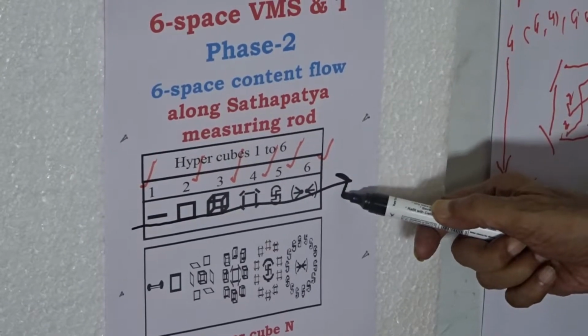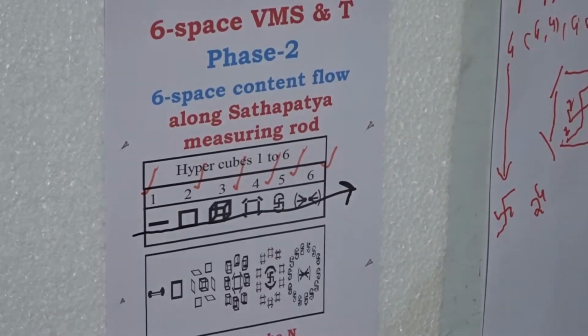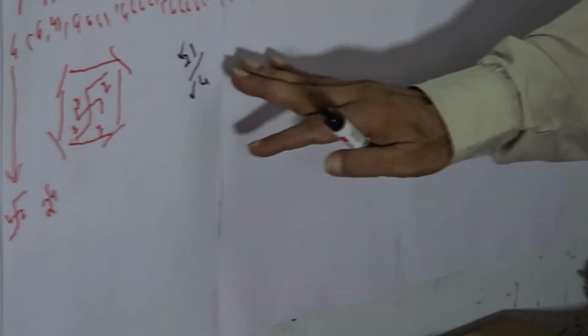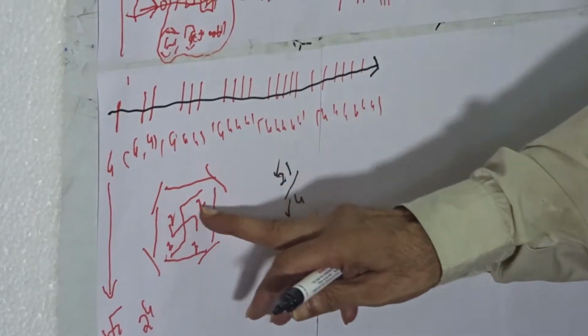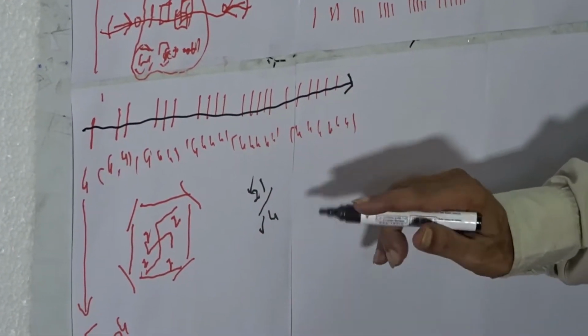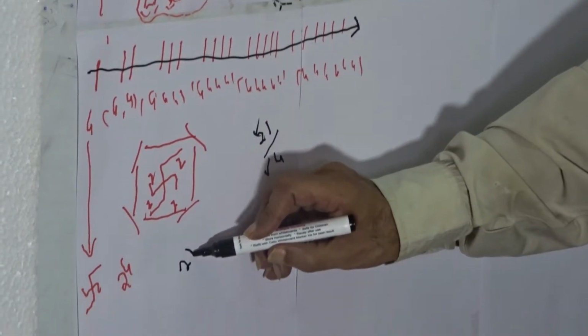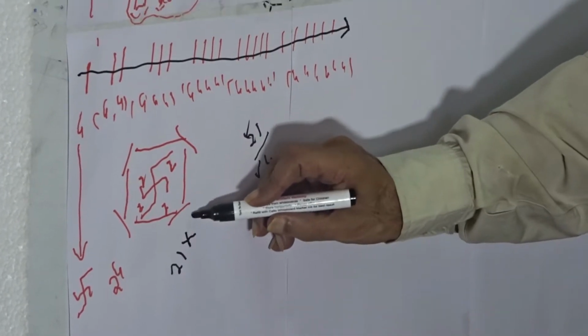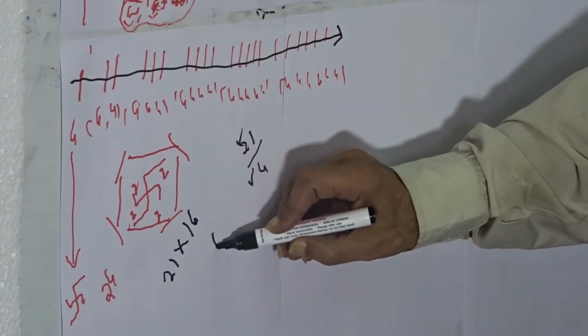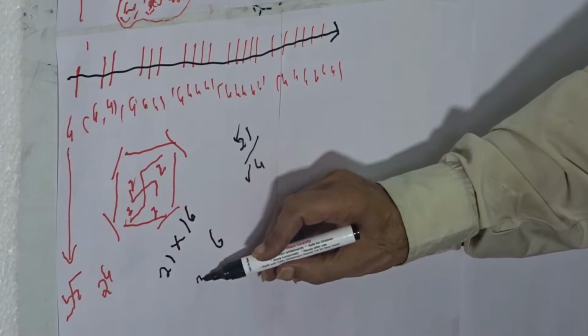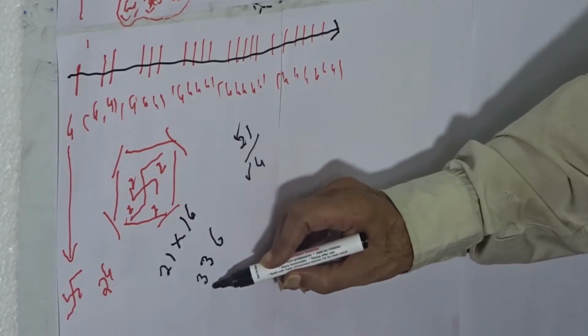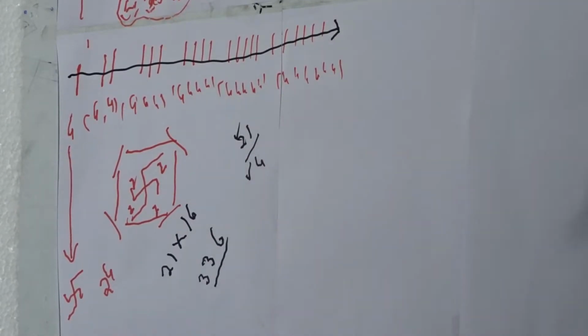It is this feature which will help us further appreciate that each creative dimension is giving us a value of 2 raised to power 4. Therefore, it is as many as 21 multiplied by 16, means 336 is the value.